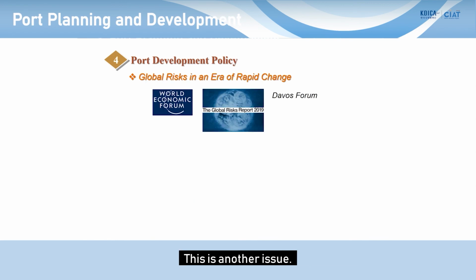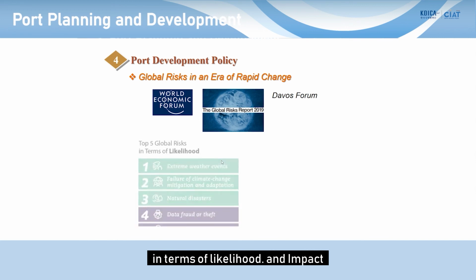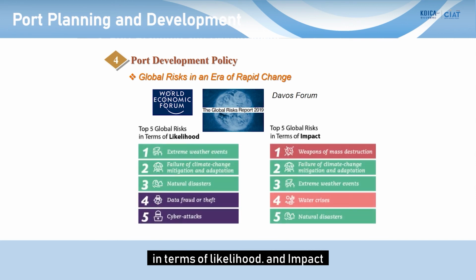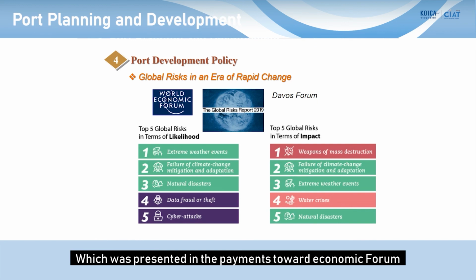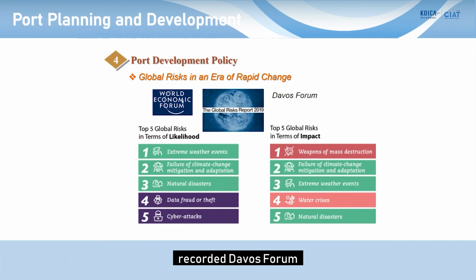This is another issue. This is about global risk in terms of likelihood and impact, which were presented at the famous World Economic Forum. We call that the Davos Forum 2019. Extreme weather events, failure of climate change mitigation and adaptation, natural disaster.